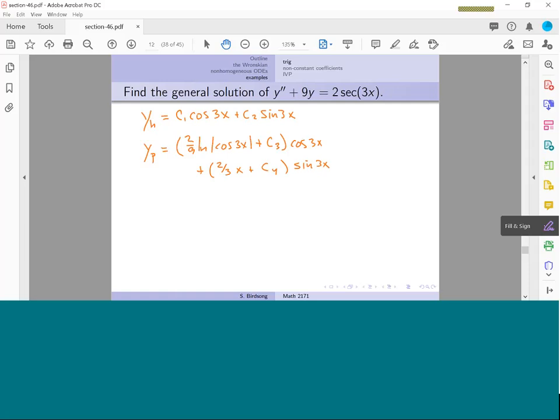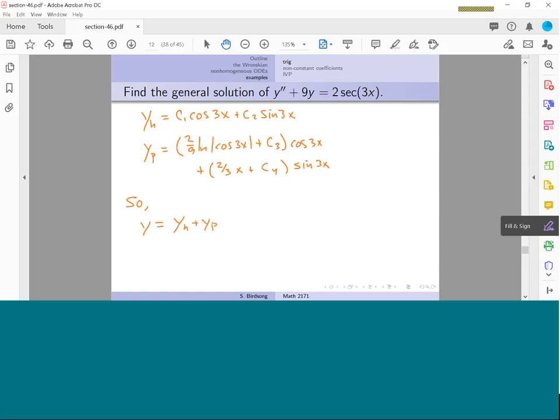Now, how do we find the actual solution to this non-homogeneous differential equation? Don't overthink it. You just add them together. So this is going to be YH plus YP.